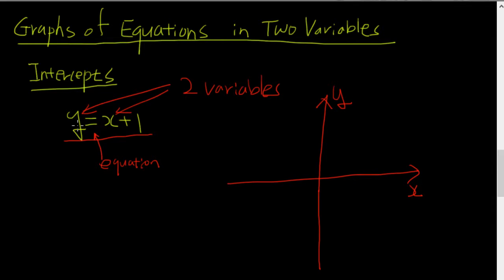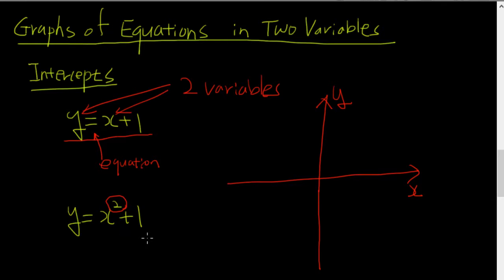Now, in some cases we might have an equation that looks like this: y equals x squared plus 1. This is still an equation with two variables, but it is not a linear equation.